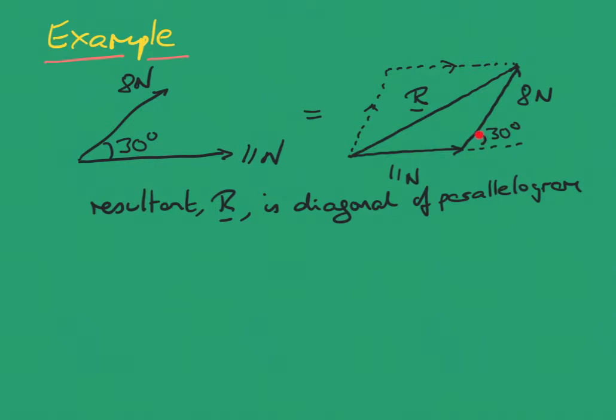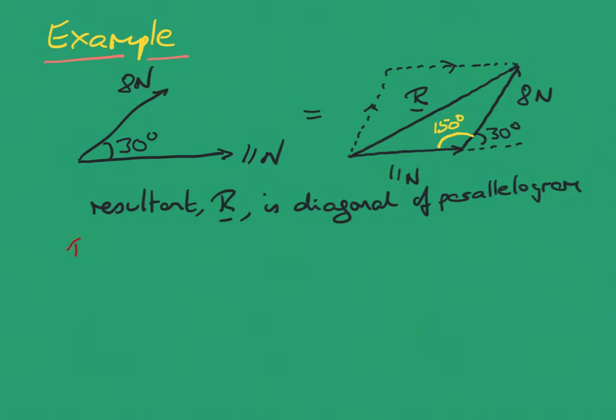And since this is 180 degrees and this is 30, it tells us that this angle here must be 150 degrees. So what we can do is use the cosine rule for this triangle drawn here to work out the length of the resultant force, in other words, its magnitude.